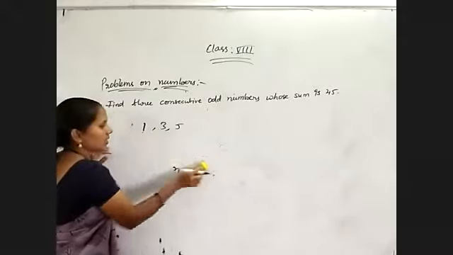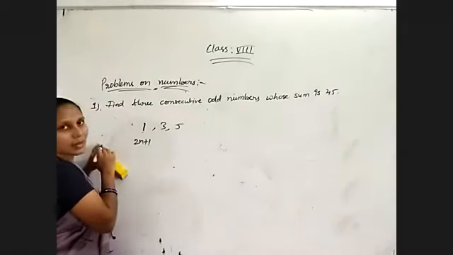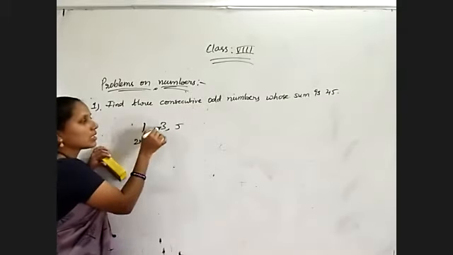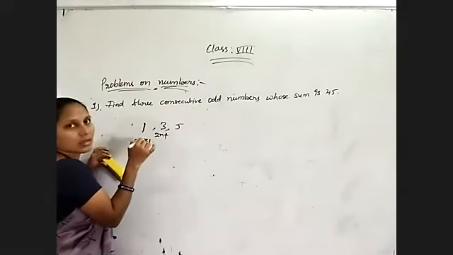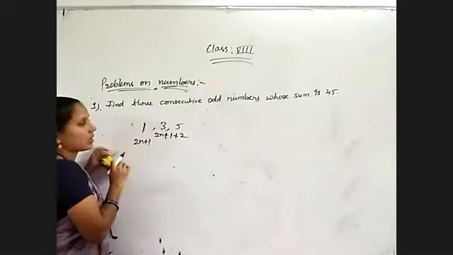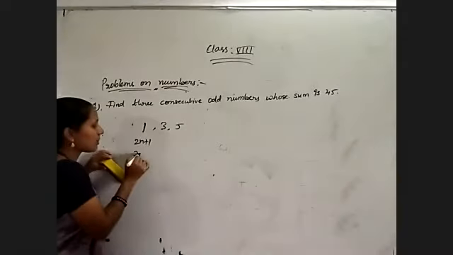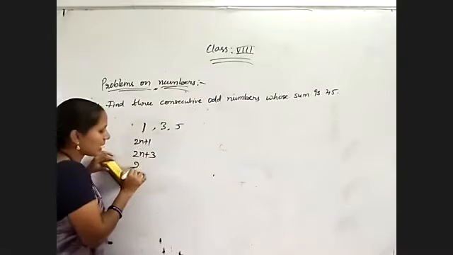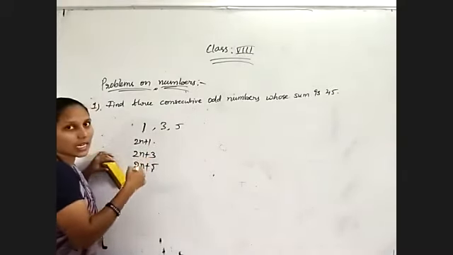Observe this. 2n plus 1 is my number. I don't know what that number is. And the next number, how will I get it? 2n plus 1 plus 2 is equal to 2n plus 3. That means the next number I will get by 2n plus 3, and the next consecutive number I will get by 2n plus 5. 1, 3, 5, like that I will get.